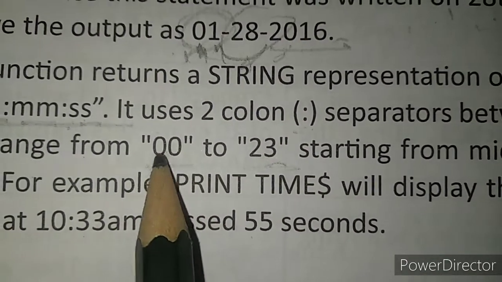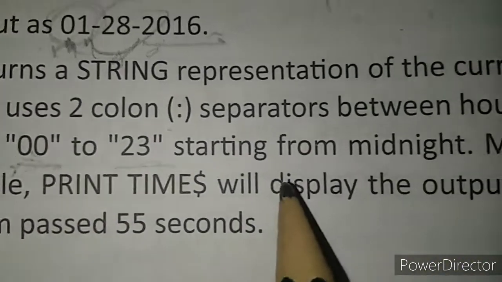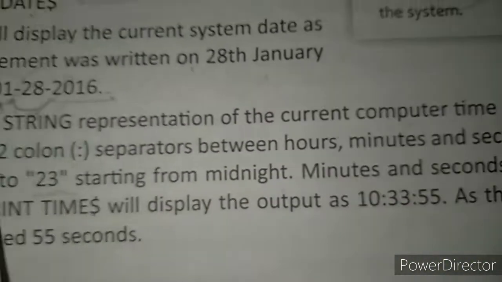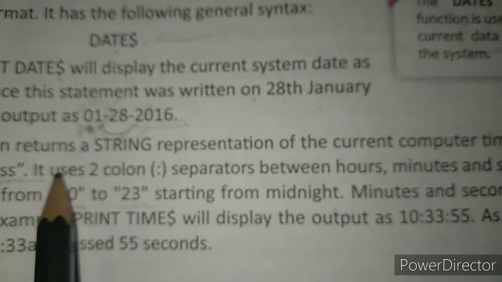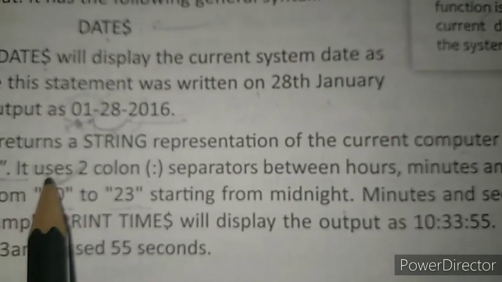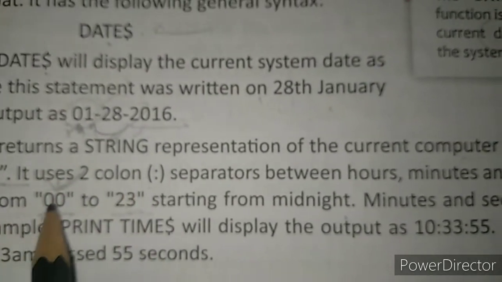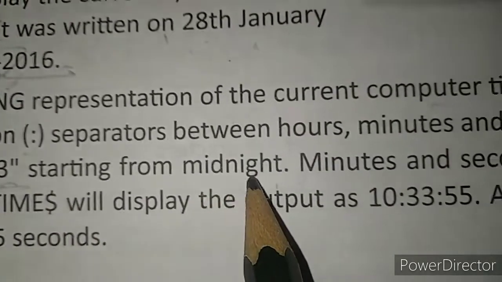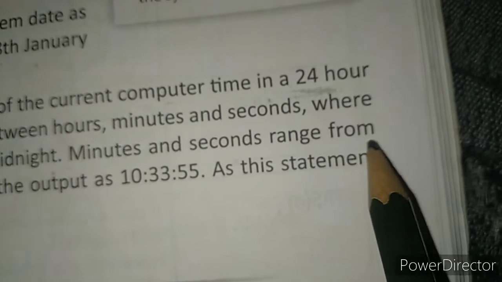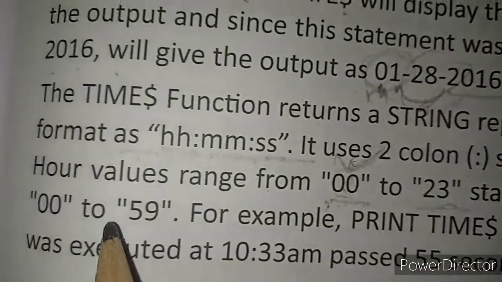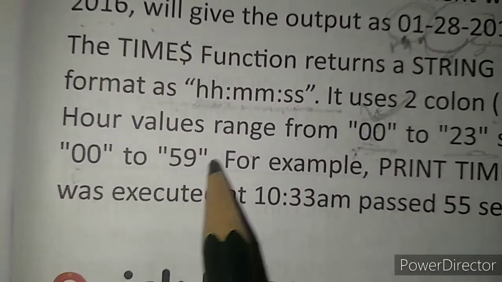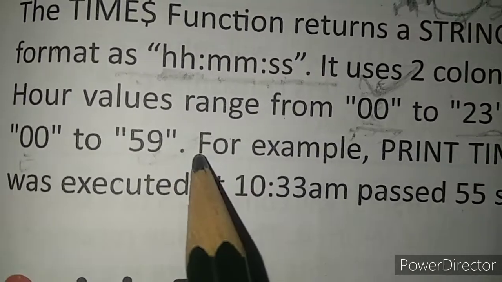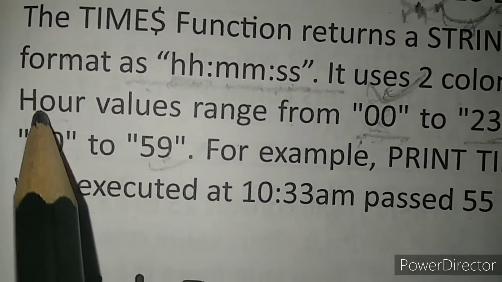So here 00 is equal to 24, starting from midnight. 00 will represent midnight, and after 23 the next value 00 is equal to 24, midnight. Minutes and seconds range from 0 to 59, and the next value 00 is equal to 60.